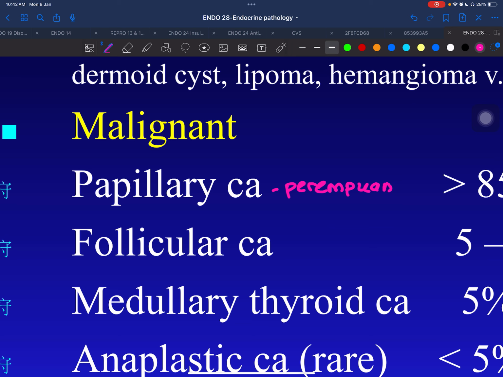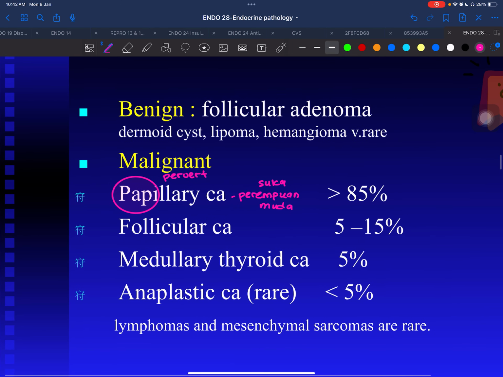Solitary nodule. Kalau ada, pergi check buat FNAC. Buat FNAC, cucuk 1-2 kali, aspirate, the surgeon will do it. No, my MO also can do it. Okay, and then we smear on the slide and we look under the microscope. Nampak papillary structures, nampak nuclear inclusions, nampak grooving, that is papillary carcinoma.